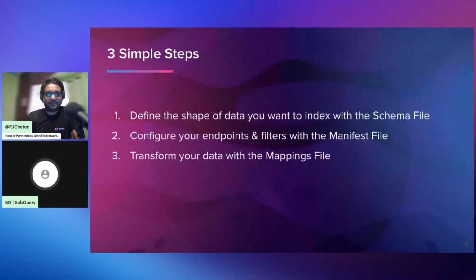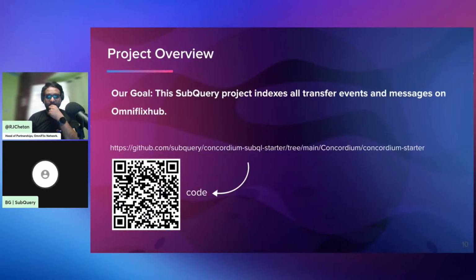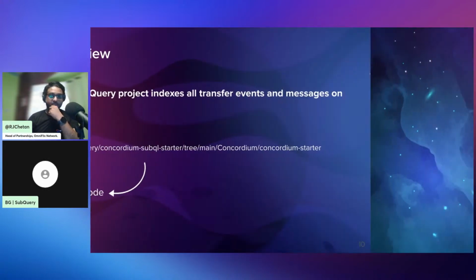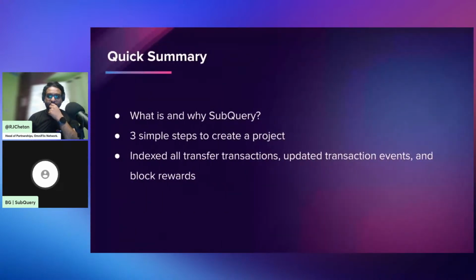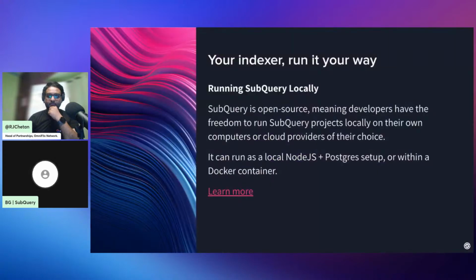All right, so again, it's really simple to use. As you've seen, I've only configured 3 types of files. Here is the code that I've been using. Essentially what we did, we have indexed transactions and we have indexed the messages. Again, you have 3 ways to run our project.